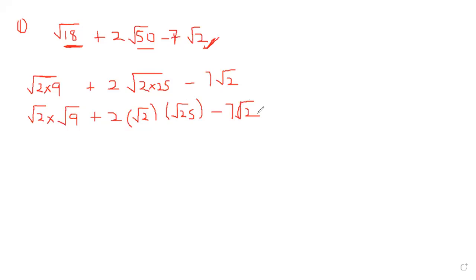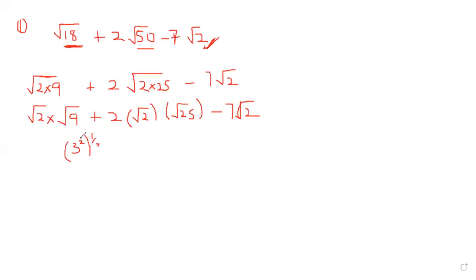So the question is, what next? Now, very simple. Square root of 9. 9 is the same as 3 raised to the power 2, and the square root itself is raised to the power half.